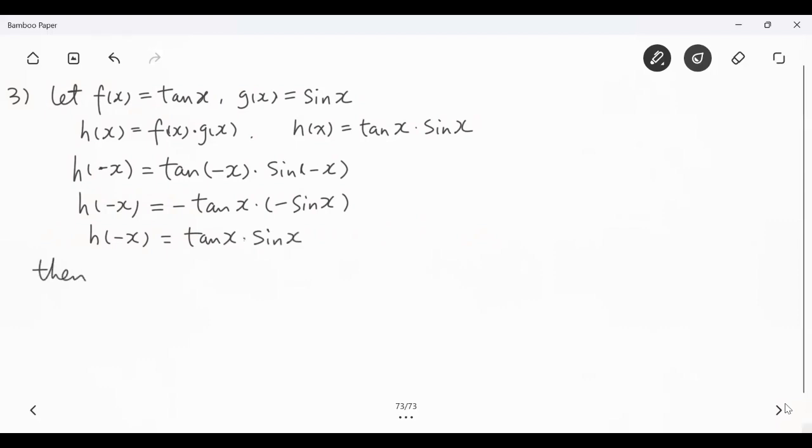Then we get h negative x equal h(x). That it is an even function. Right?